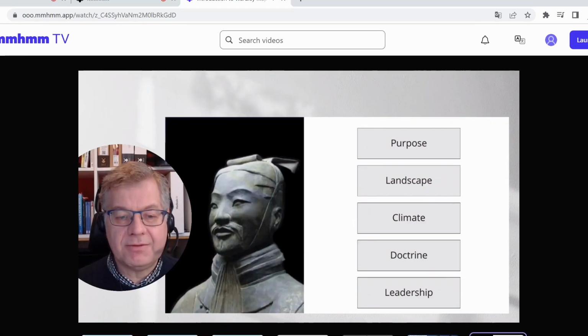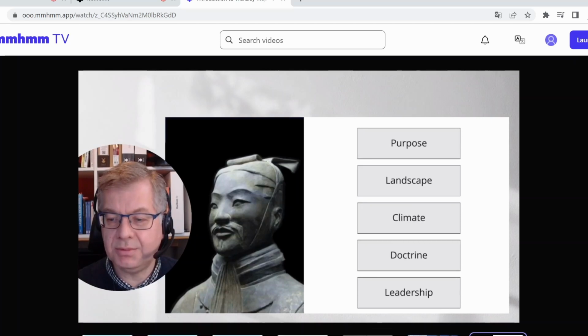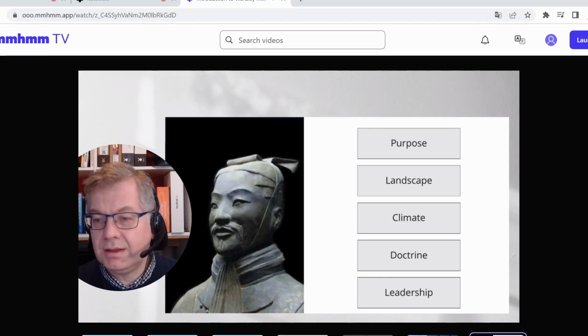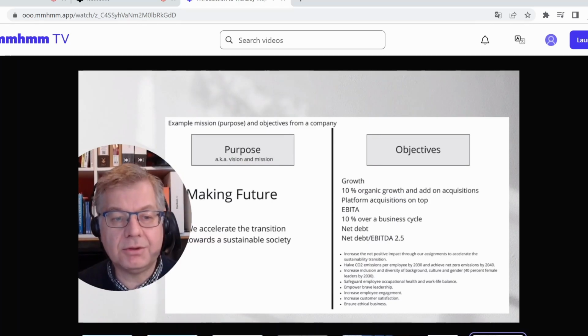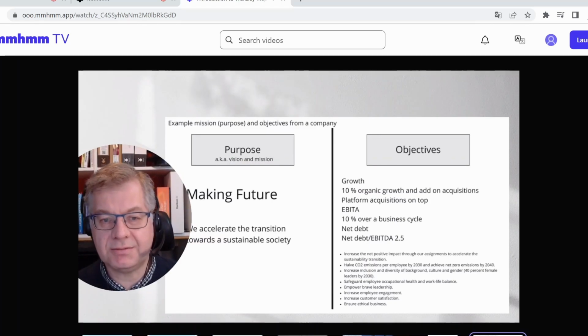So Sun Tzu talks about 5 factors that matter in competition: purpose, landscape, climate, doctrine, and leadership. And we will be looking more into this further on. Here it is important to not confuse purpose with objectives.